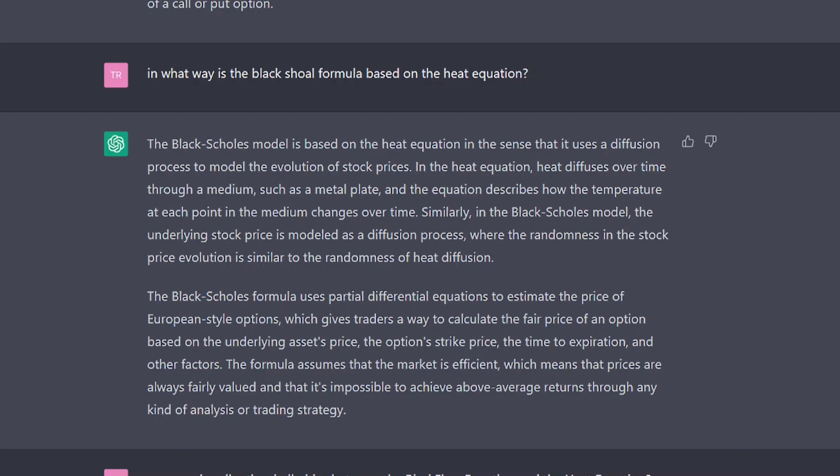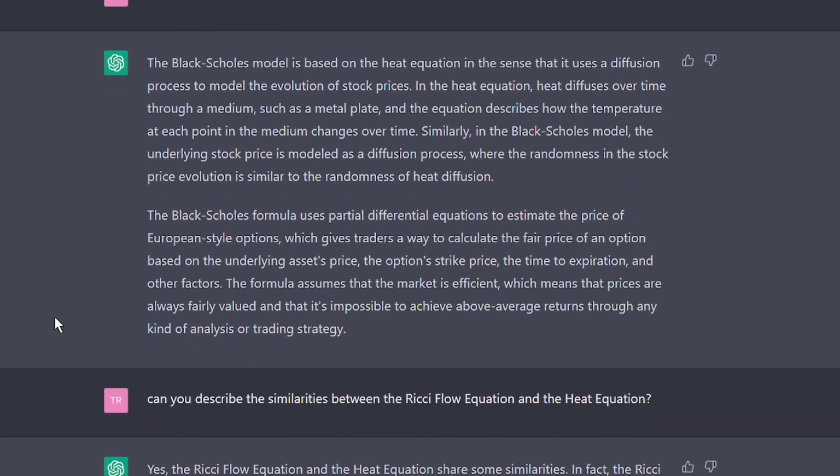The Black-Scholes formula uses partial differential equations to estimate the price of European-style options, which gives traders a way to calculate the fair price of an option based on the underlying asset's price, the option's strike price, the time to expiration, and other factors. The formula assumes the market is efficient, which means that prices are always fairly valued and it's impossible to achieve above-average return through any kind of analysis or trading strategy.